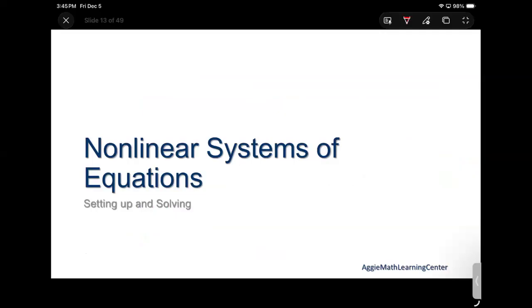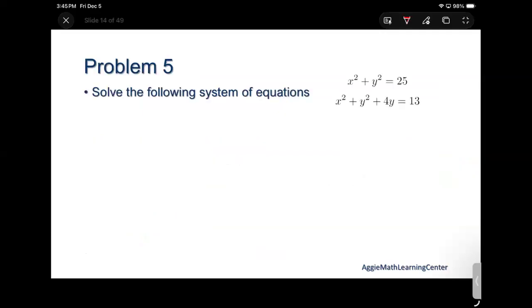Okay, so now we'll go over nonlinear systems of equations. Notice how it's nonlinear because there are square terms. So this would be a circle, and this one would also, I guess, be an ellipse probably. They're both nonlinear.